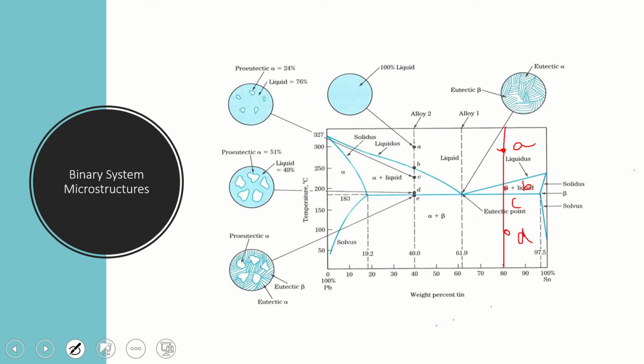The microstructure of A is still 100% liquid, so it would be this one. The microstructure of B would be something similar to this one, but instead of proeutectic alpha, you would have proeutectic beta.